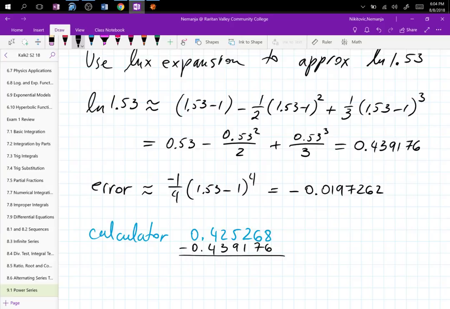So this is my approximation. I have 0.42528 minus 0.439176, for an error of negative 0.013908.